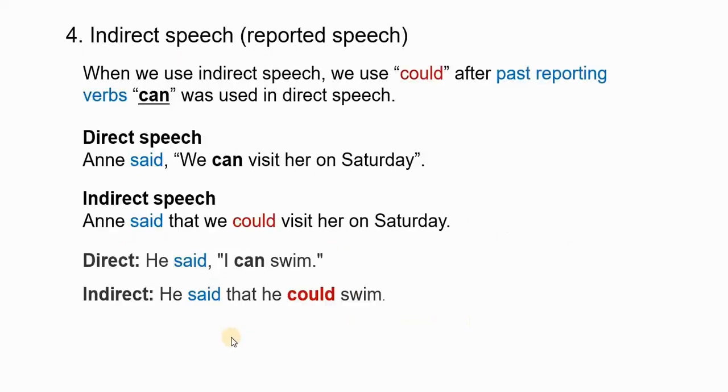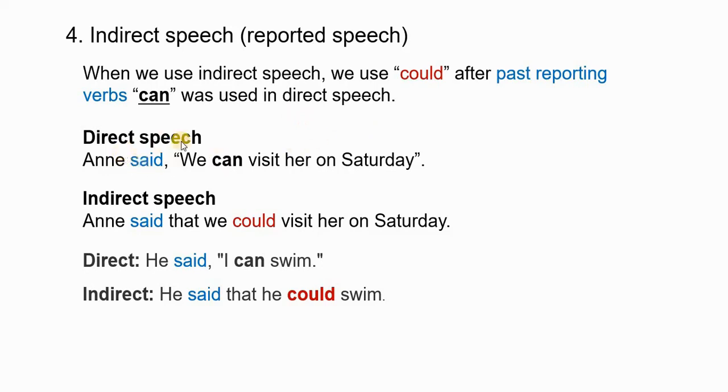And let's move on to number 4, which is indirect speech or reported speech. So, when we use indirect speech, we use could after past reporting verbs where can was used in direct speech.